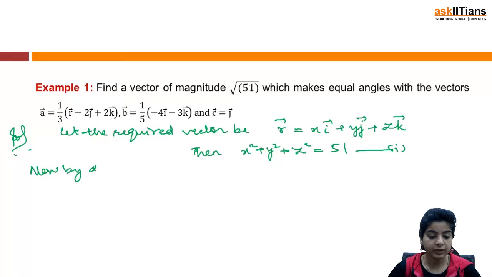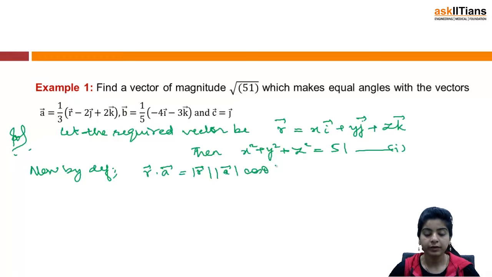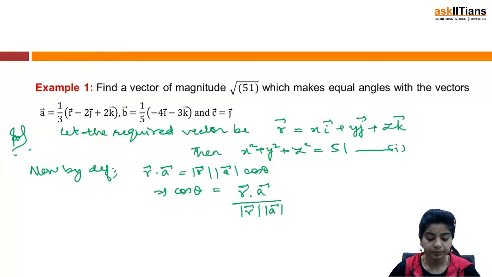Now by definition what follows is r dot a is this value, right? We have just now discussed. So this gives me cos theta becomes r vector dot a vector by this value.